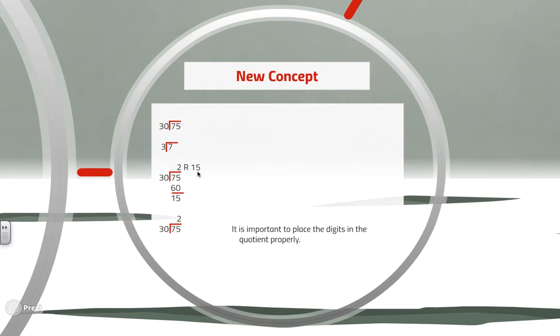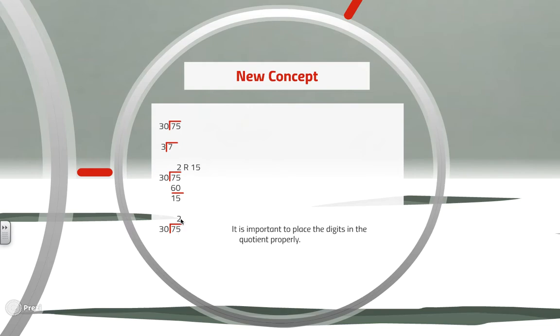Notice where we place the 2. Here, we place it above the 5. We're not dividing into the 7; we are dividing into the 75. So 30 goes into 75, not 30 goes into 7. We're just using the 3 and the 7 as a way to figure out if this is divisible or not.